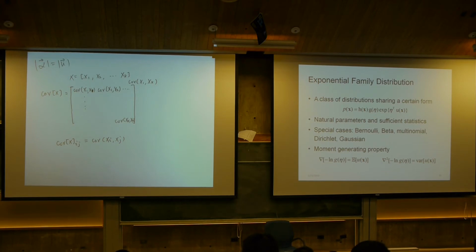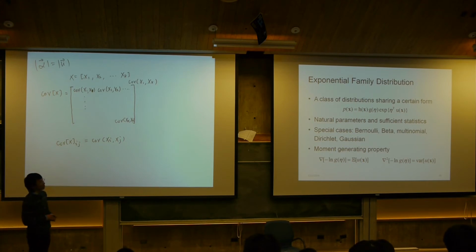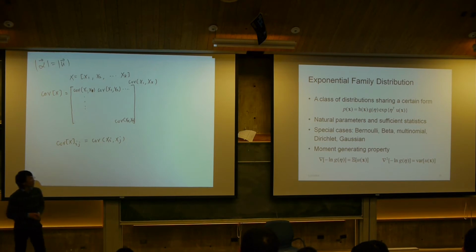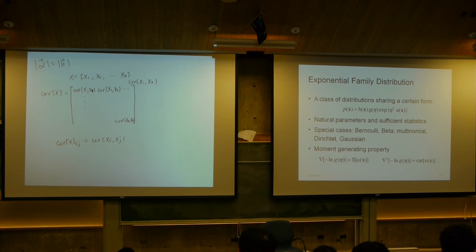The eta here is called the natural parameters of this distribution, and u(x) is called the sufficient statistics. As we said, all distributions we discussed so far are special cases of the exponential family.